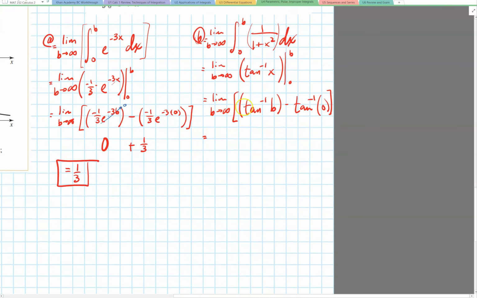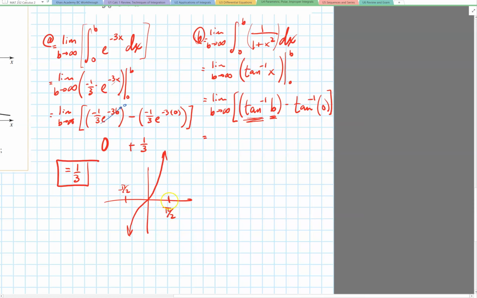Now, as b approaches infinity, we're basically asking ourselves on the domain of tangent, what angle measure is going to produce a result of infinity. Thinking back to our graph of tangent within its appropriate domain, we're talking about this graph here with a lower boundary of negative pi over 2 and an upper boundary of positive pi over 2.